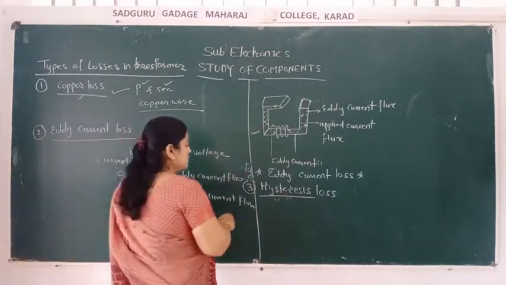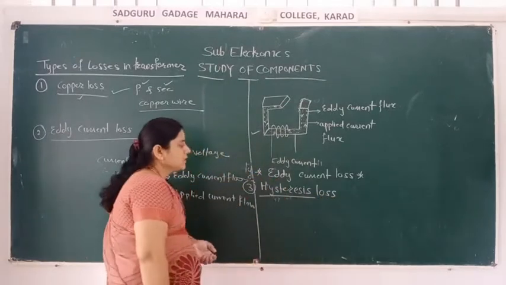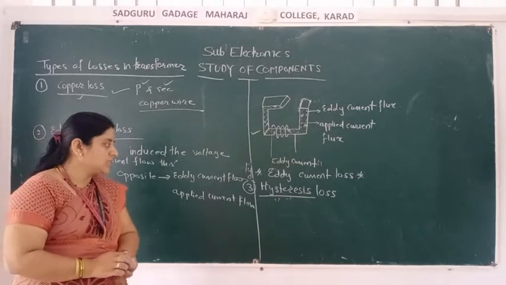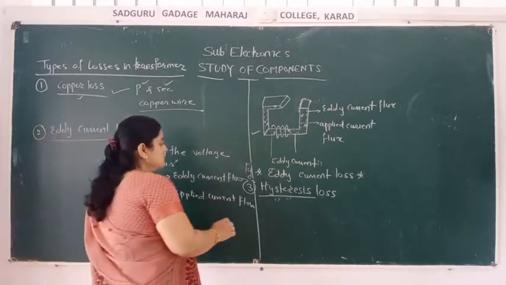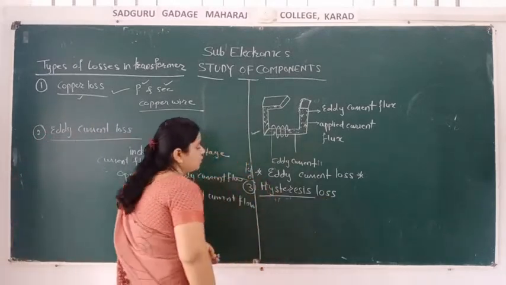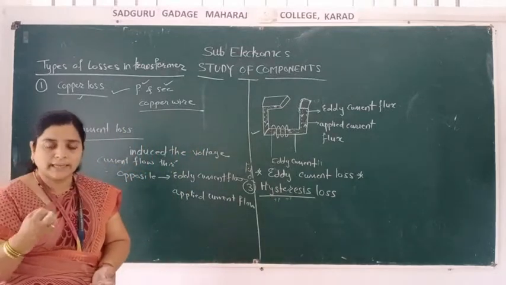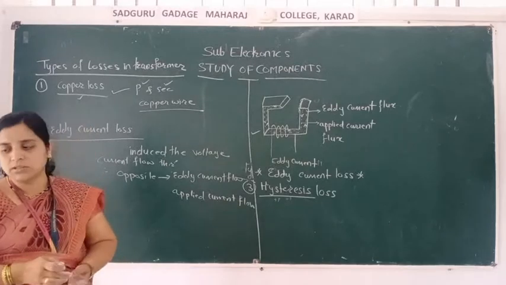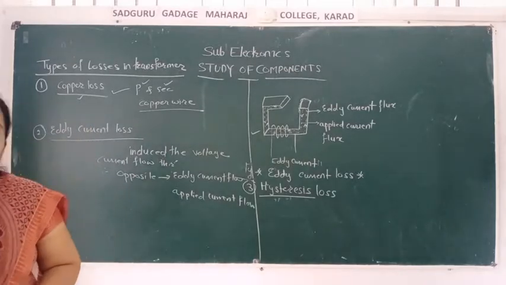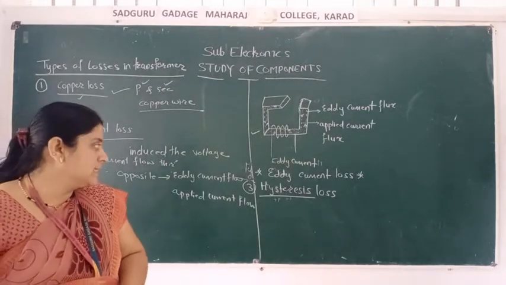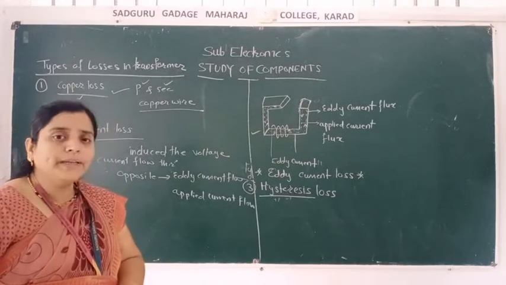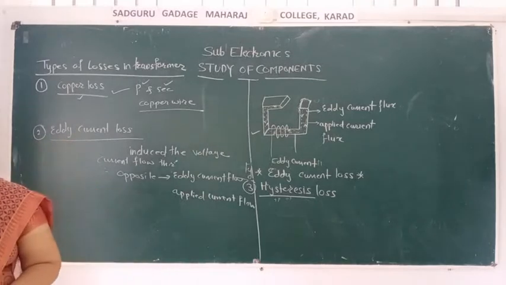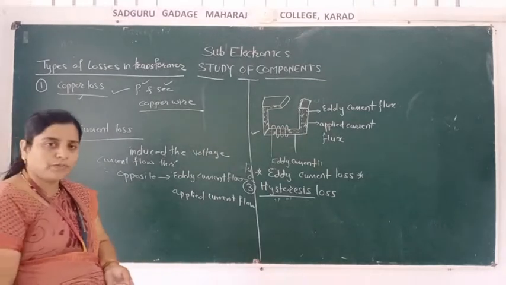Last is what? The hysteresis loss. Hysteresis means what? This loss is due to what? It is due to the maximum power loss, so hysteresis loss is also called the maximum power loss. Whenever power is applied, this loss is caused due to the wastage of the power.